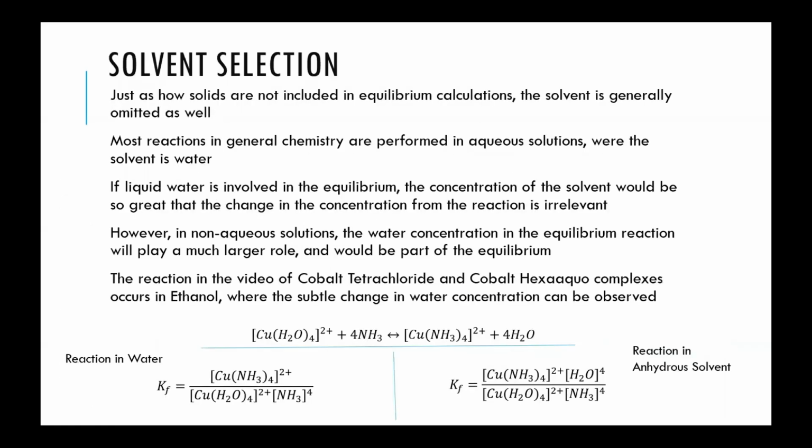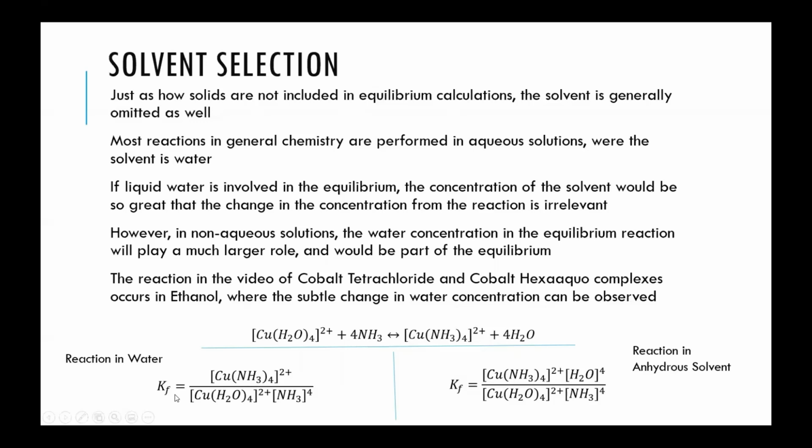When you're looking at something and choosing a solvent, especially when that solvent can be part of the reaction, it drastically changes the equilibrium of the reaction. And it's based on these kinds of conditions.